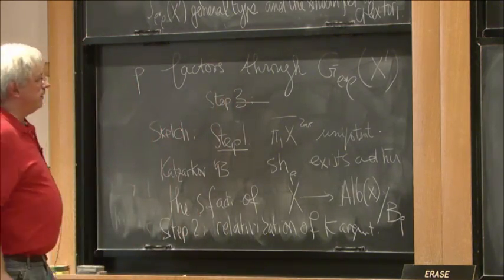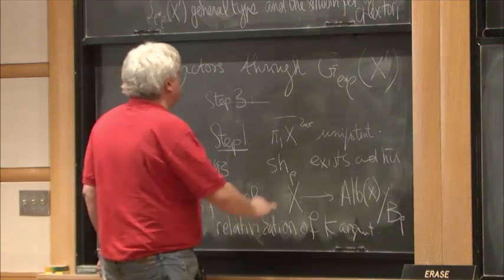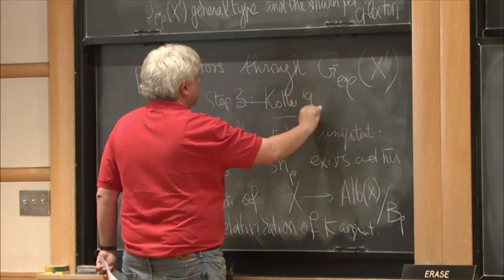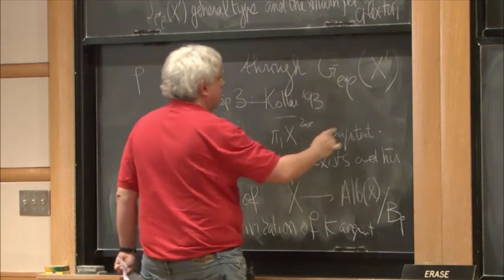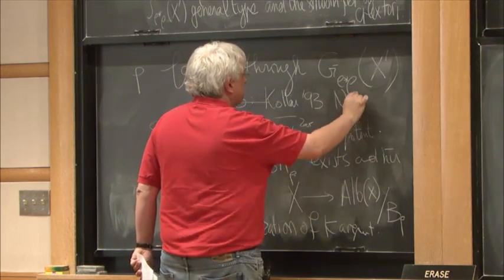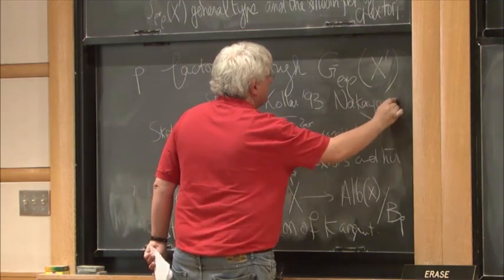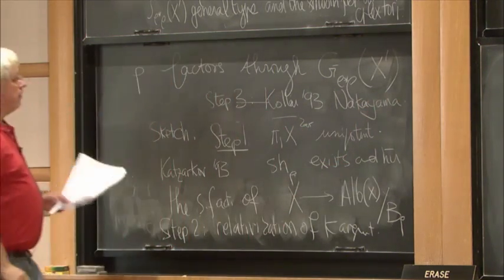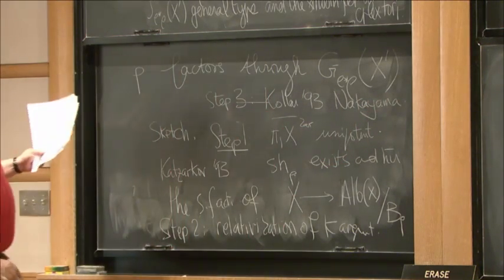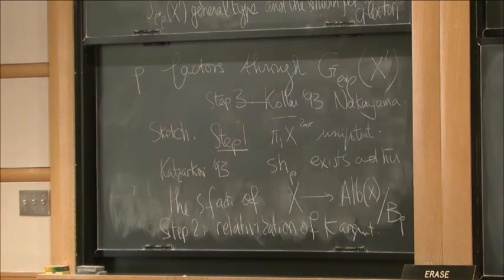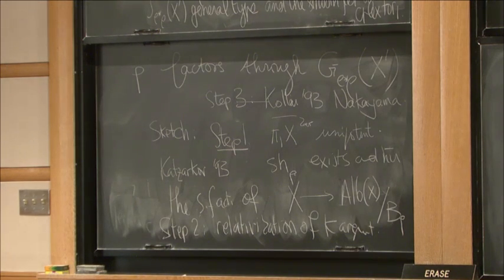But here we basically just have to apply the corresponding result of Kollár, and also the generalization by Nakayama to the Kähler case. So we have this general result. So the Shafarevich variety.